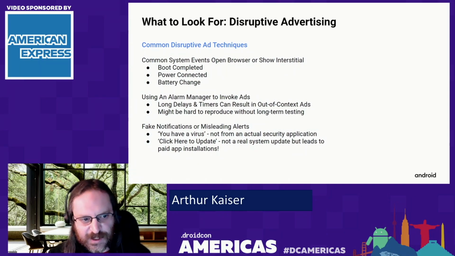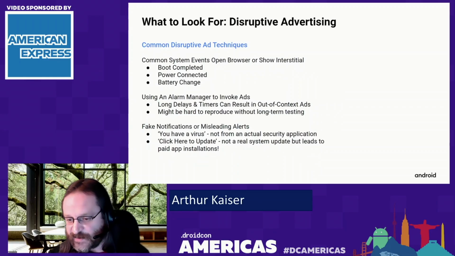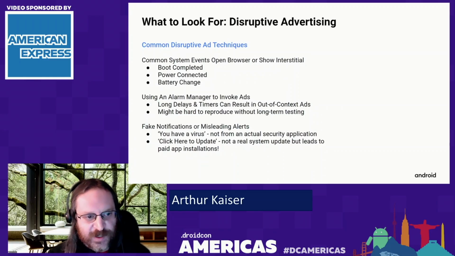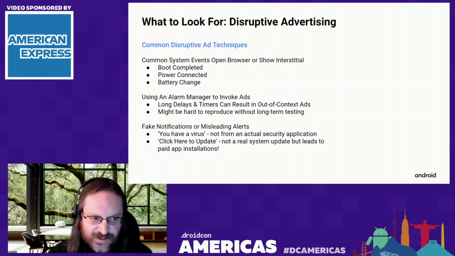This allows the SDK provider or the app publisher to launch some type of alarm manager or system event receiver in order to kick off ads out of context simply because the phone was restarted.